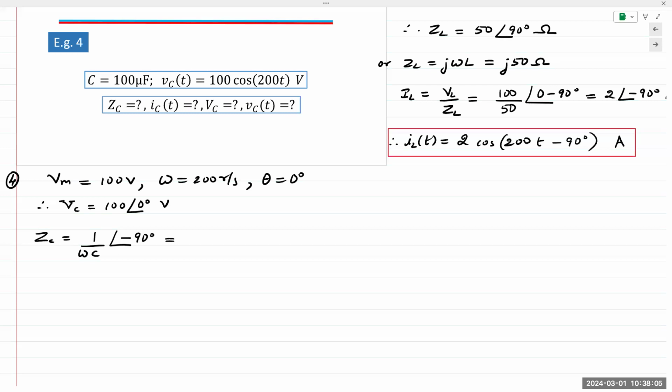And so this is 200 times 100 microfarads and an angle of minus 90. Therefore, Zc is 50 with an angle of minus 90 ohms.